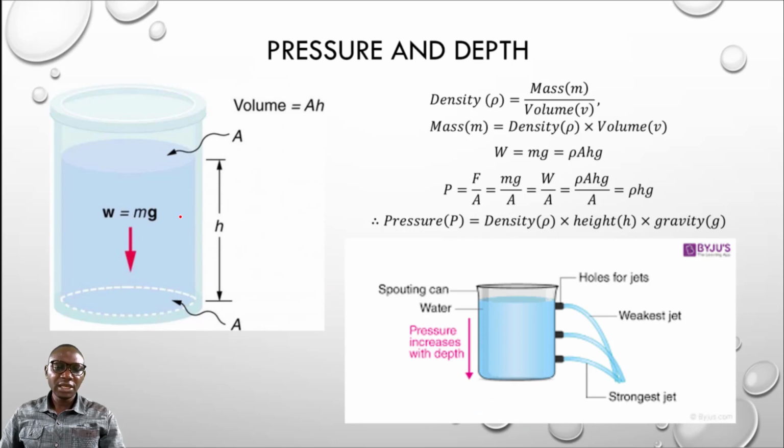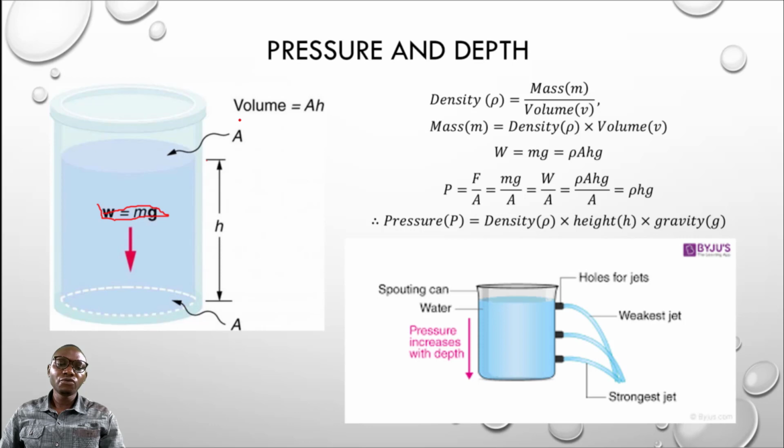So here, this is the weight of the fluid inside this container. As the fluid fills the container, it exerts a weight downward on whatever surface it is on, and there is a height h to consider, and this is the cross-sectional area of the material.